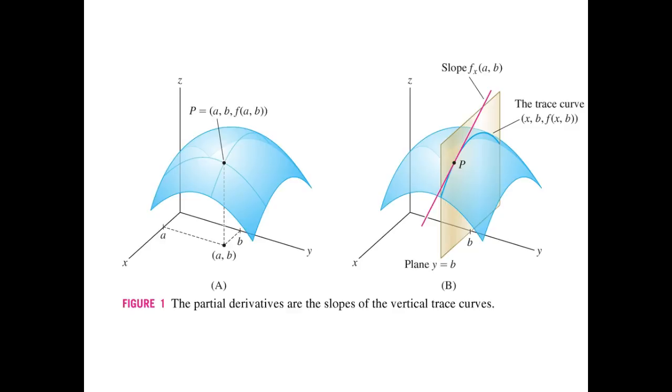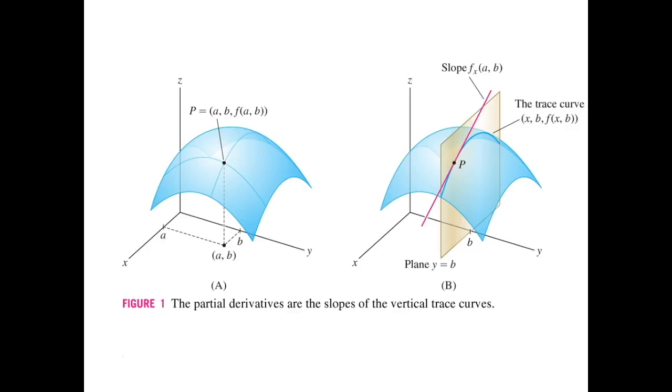Okay. Now, what are the partial derivatives of that? And this is why we were messing around for the first part of this chapter with trace curves. Because if you're taking the partial of this with respect to x, with y being constant, you treat y equal b as a constant here, and then you're doing the derivative of that curve right there, okay? And that would be its derivative. Some positive number there.